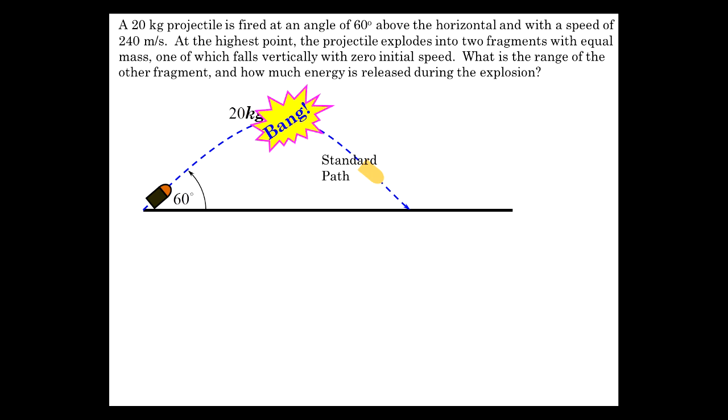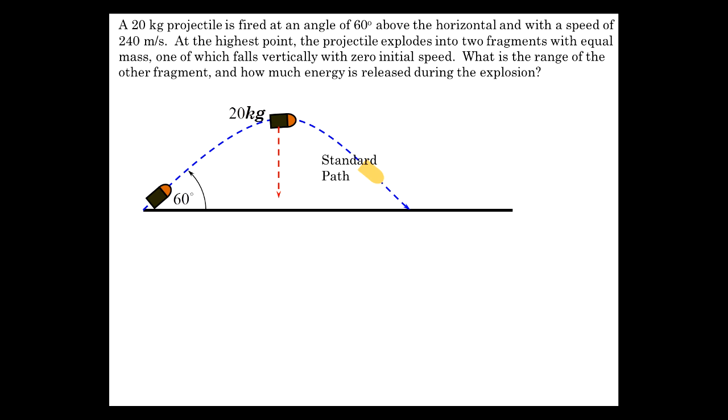There it is, exploding. And that explosion results in the 20 kilogram projectile being blown in half. Half of it drops straight down, and the other half is obviously given an impulse, which increases its velocity.